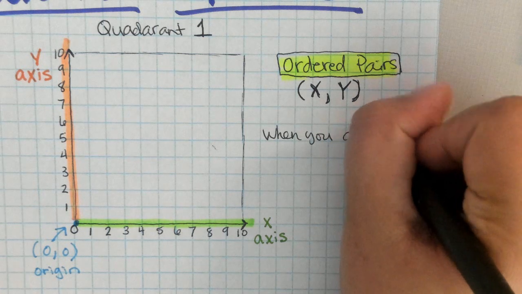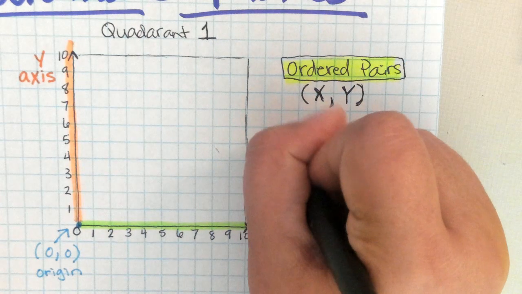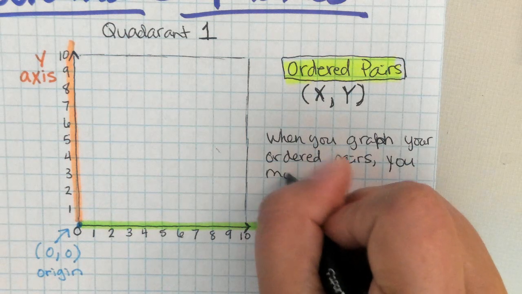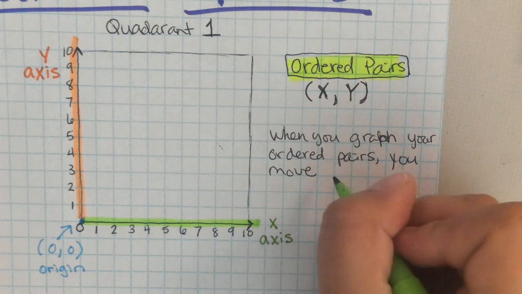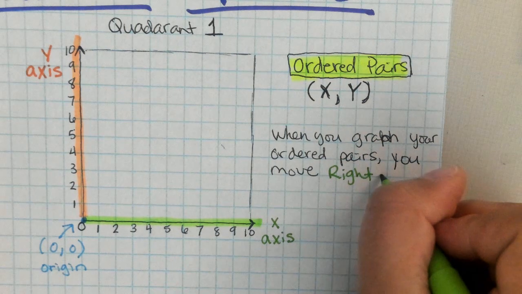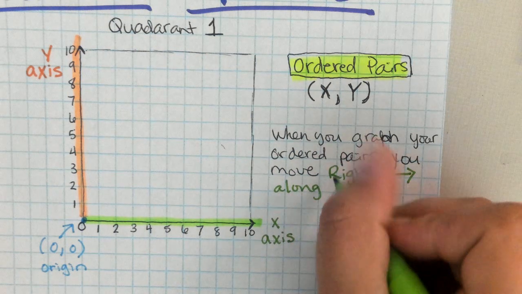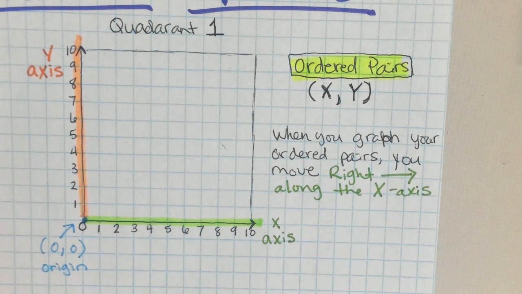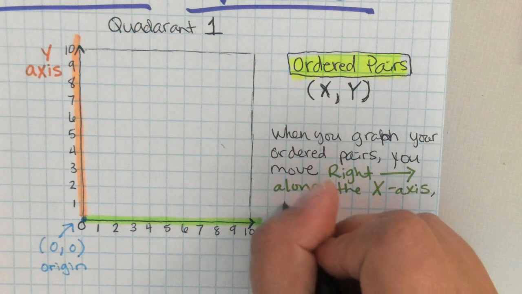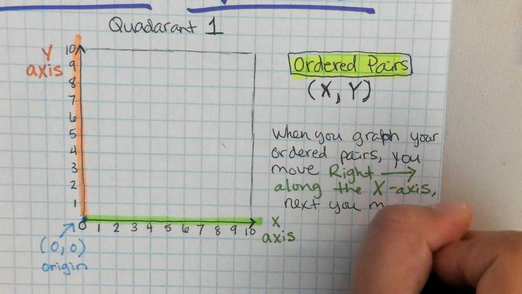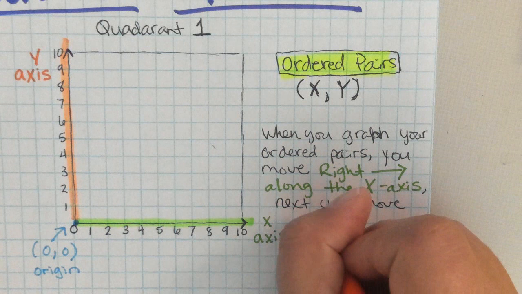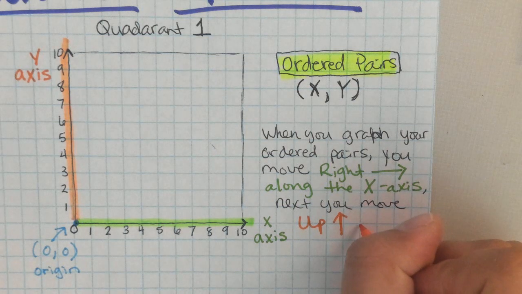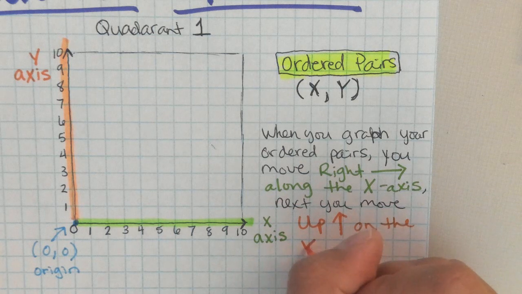When you graph your ordered pairs, you move right along the x-axis and then next you move up on the y-axis.